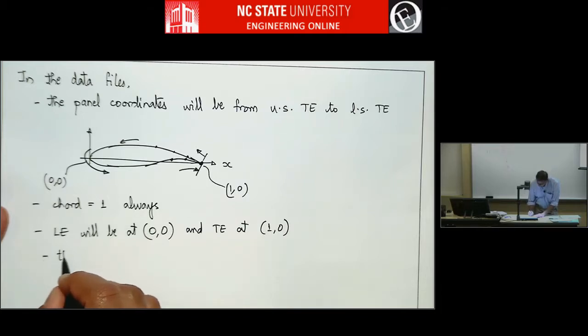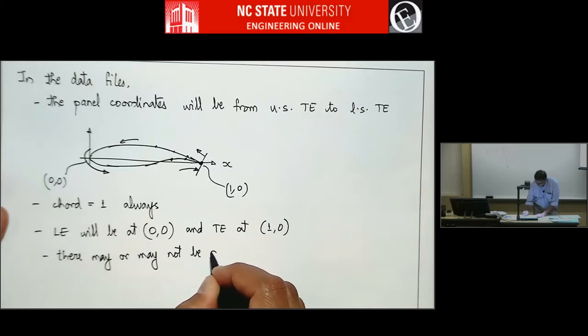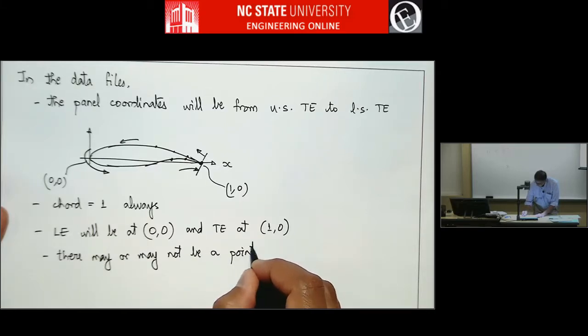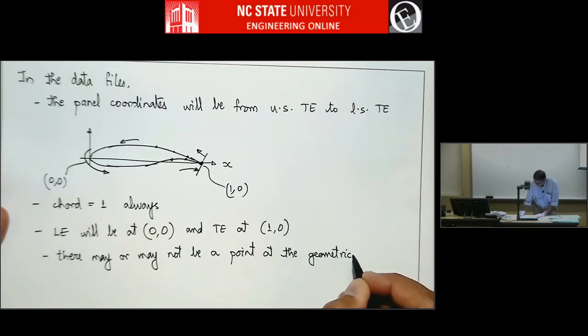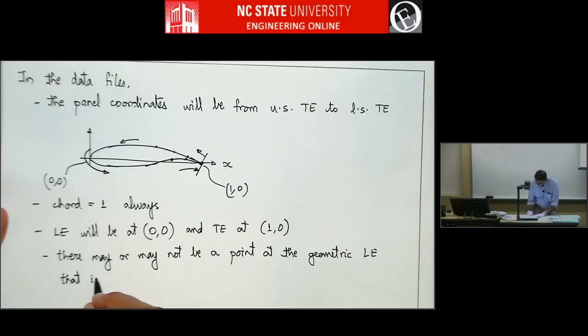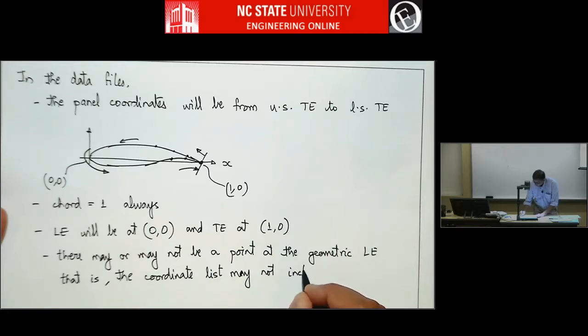And there may or may not be a point at the geometric leading edge. That is, the coordinate list may not include a 0, 0 point.